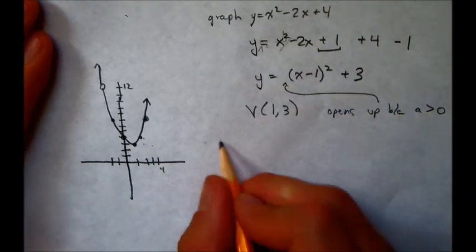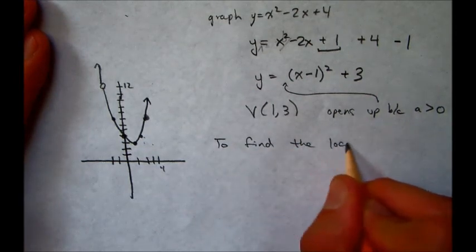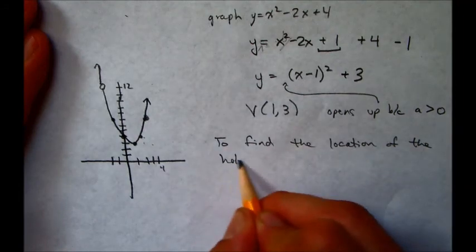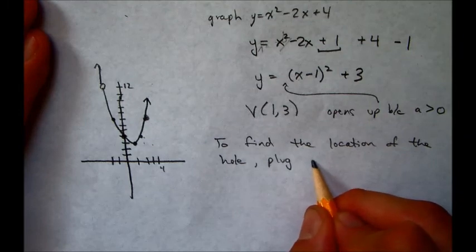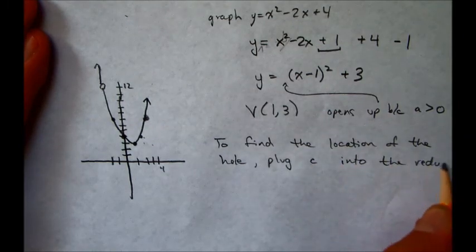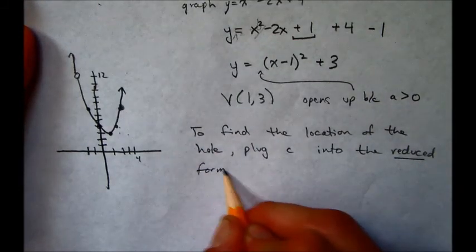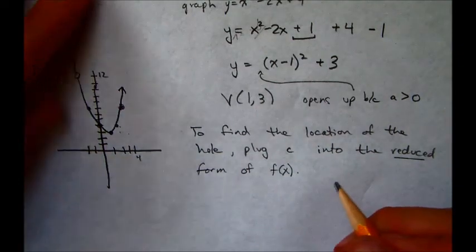Okay, so to find the location of the hole, plug c into the reduced version of f of x, and that is no longer f of x.